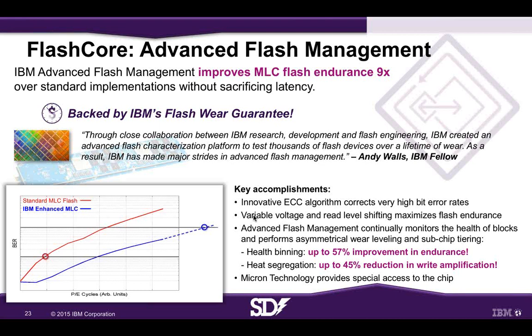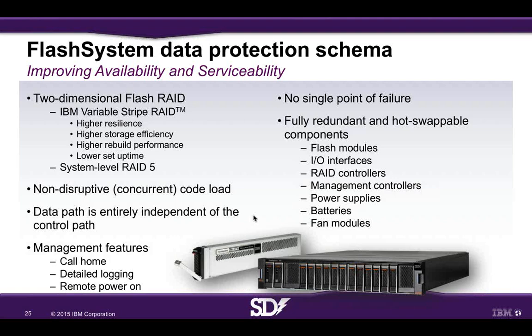You've all heard that flash chips wear out, and they do. But by doing this heat binning, putting data in the right place and tracking the chips down to the cell level, we put a 7-year guarantee on this array for the reliability of the data and the chips. So these chips are guaranteed to last at least 7 years.